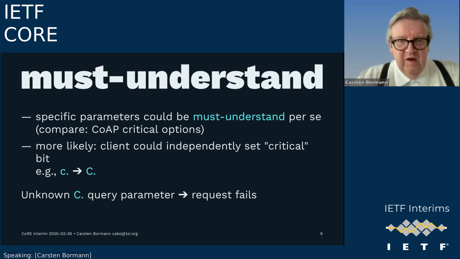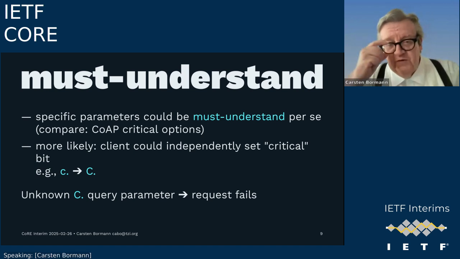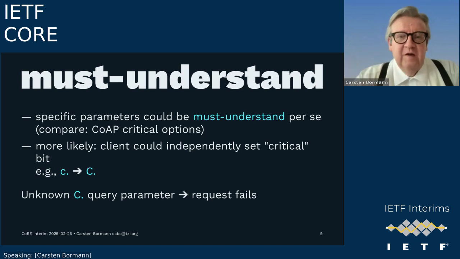The specific reason why this came up was that if we have parameters that essentially do rate limiting, the client may not want to set up an observation that would overwhelm it. So it would rely on the server to understand something like a minimum period of notification.